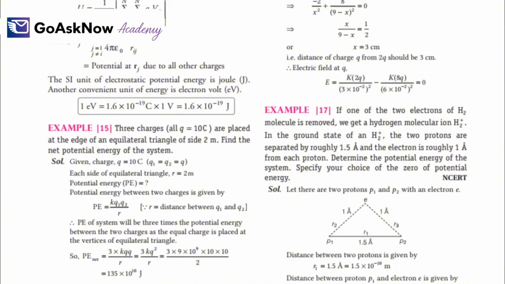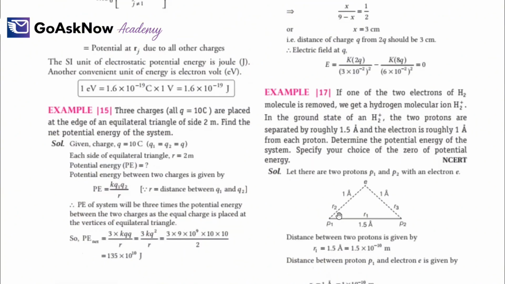Okay. So both are equal, 1 angstrom distance between each electron and proton. So the distance between two protons is given by R1, that is equal to 1.5 angstrom. You can also see here that this distance is your R1 only. Okay. So it is 1.5 angstrom or 1.5 into 10 power minus 10 meter.